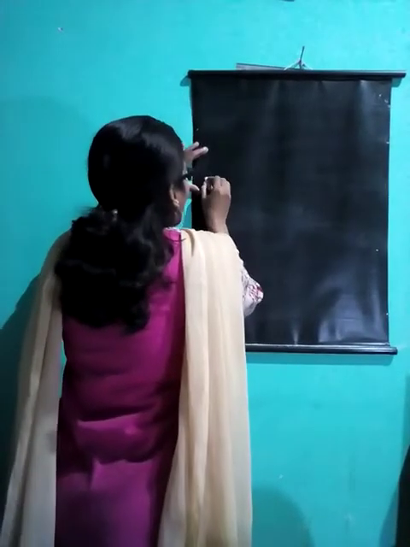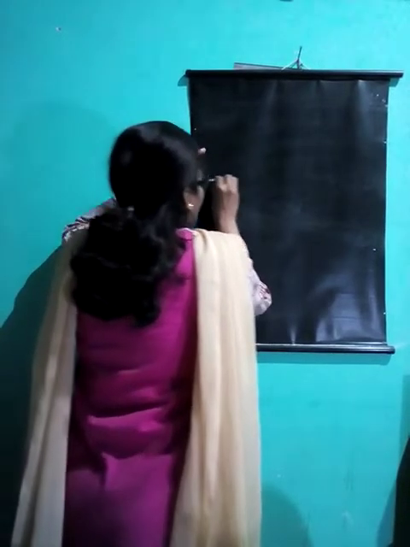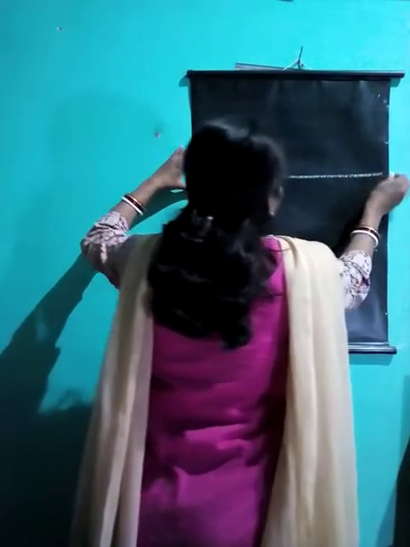For this, first let us take an object. It is starting from A and is in motion along a straight path.